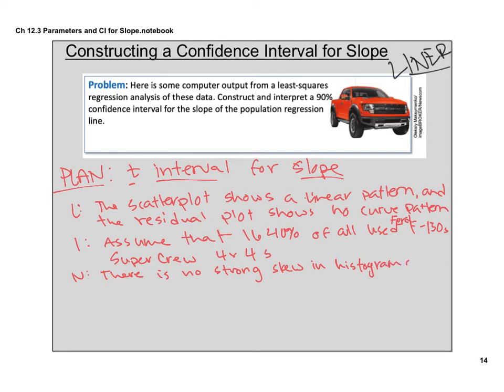Now, it's not the most pretty histogram that we've seen, but again, we don't want to get too caught up in that. It's okay that it's not the most beautiful histogram. As long as it's not completely skewed or there's a huge outlier somewhere, then it's okay. Now let's talk about the equal standard deviation, because this is kind of a funny one.